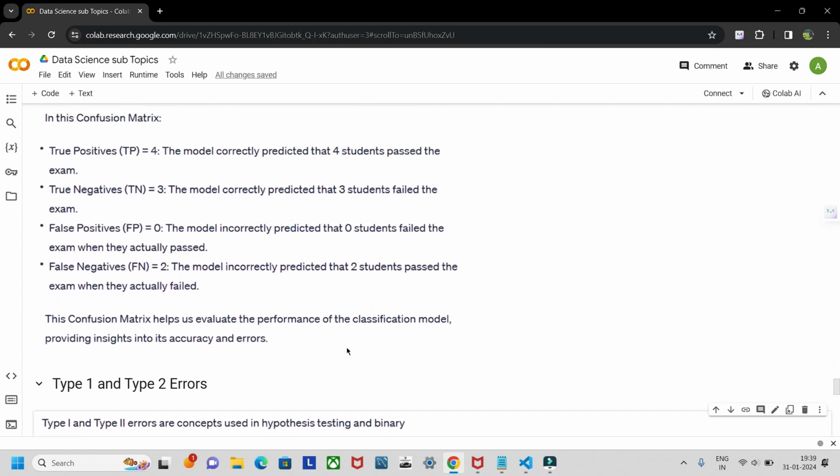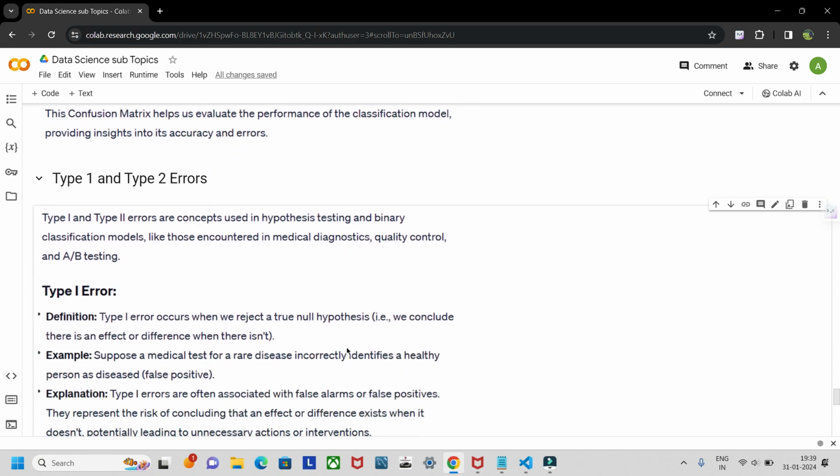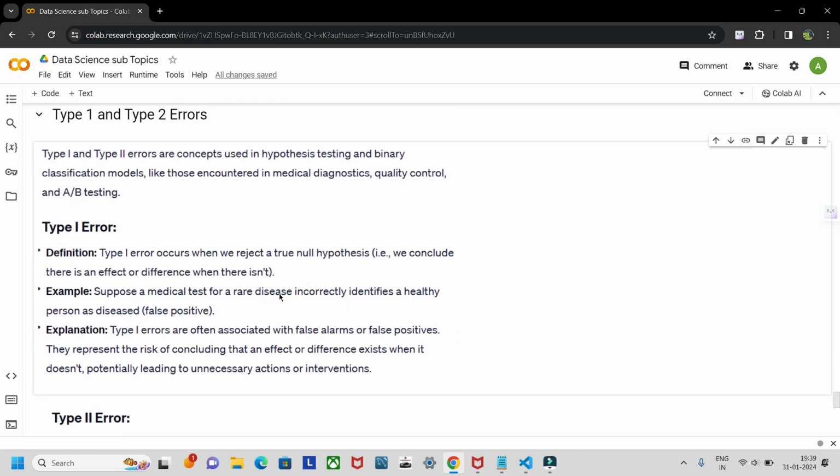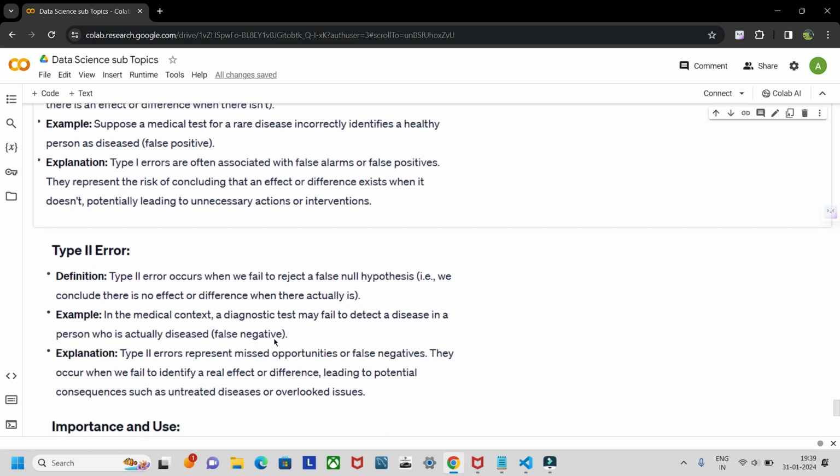To revise: type 1 error is identifying a healthy person or a good result as the opposite case, that is, diseased, and type 2 error is failing to identify a true case and giving a false result. For example, if he is diseased but you say he has no disease, that is a false negative.